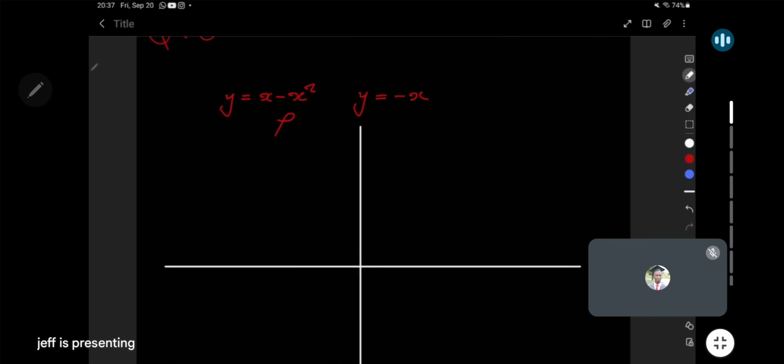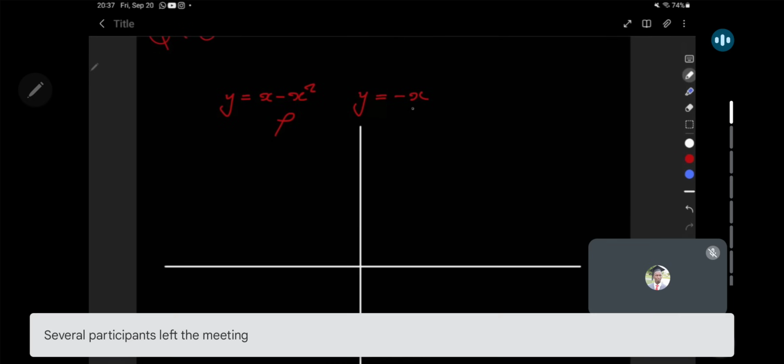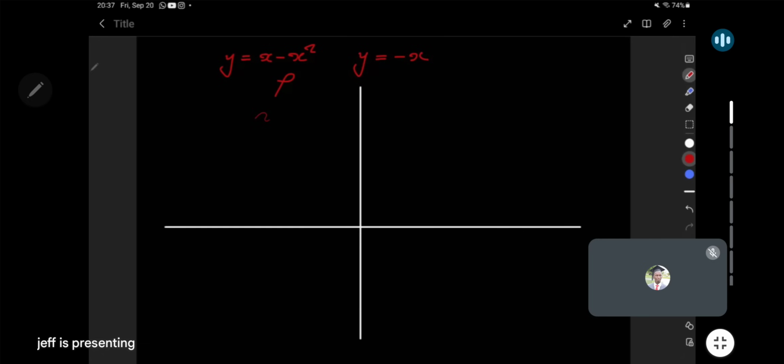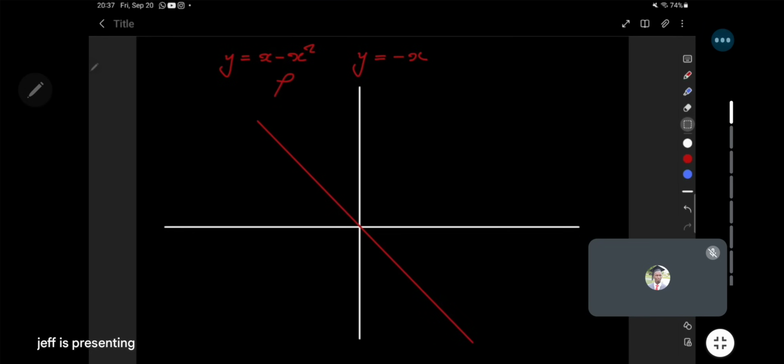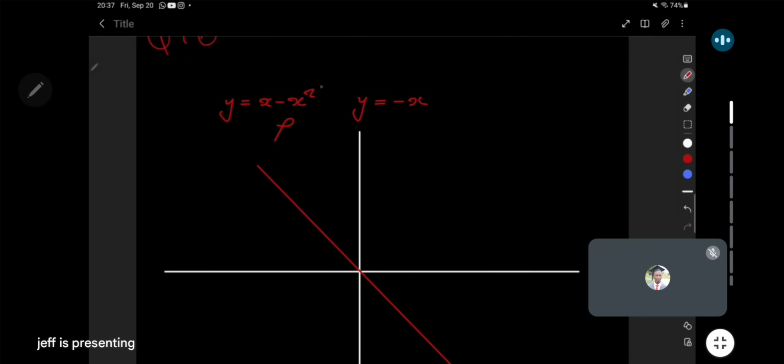Okay, so we have two functions. One is a straight line with a negative gradient, so that one goes like this. The other one is a curve.